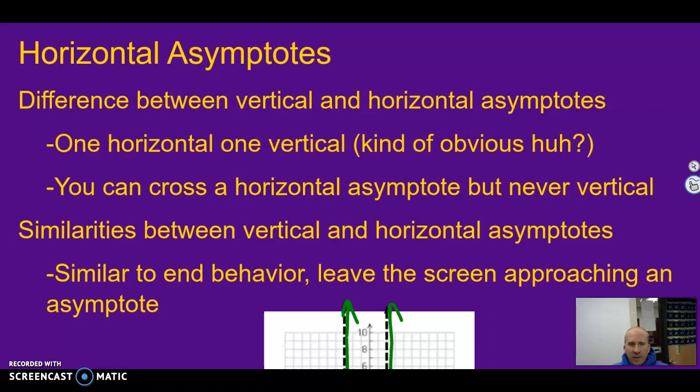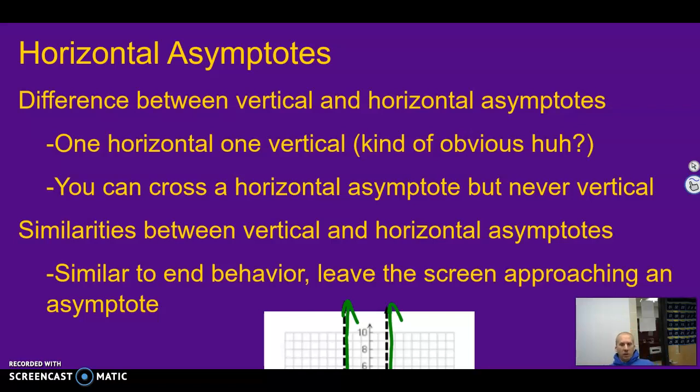We make a big deal with vertical asymptotes about how you approach them, but never touch them. You should never touch a vertical asymptote, and that's still true. But with horizontal asymptotes, it's possible that your graph can not only touch them, but go through them and continue on to the other side. But we'll talk about why they're important in a moment.